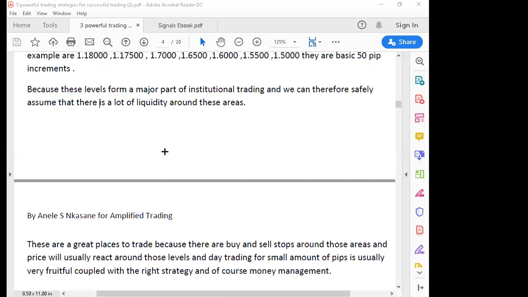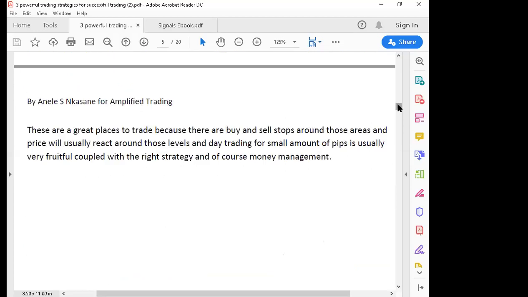Okay. Now, these areas that I just spoke about, which are the round numbers, the big figures, they're actually great because you can place your buy and sell stops, right? I think I've mentioned this already. And price will usually react around those areas or those levels, okay? Now, I think I've done this previously in a very long and exhaustive video where I showed how we can actually make some profits scalping short term, right?